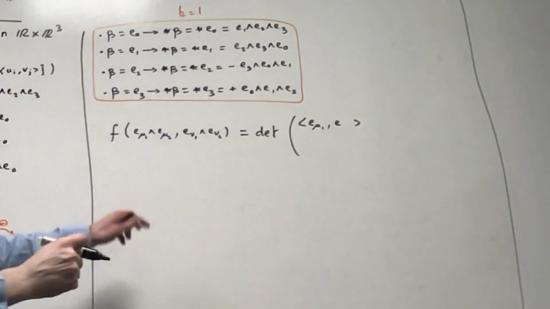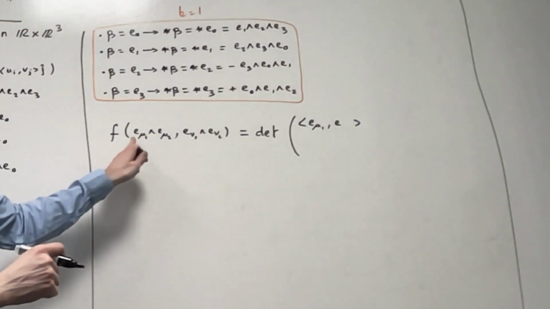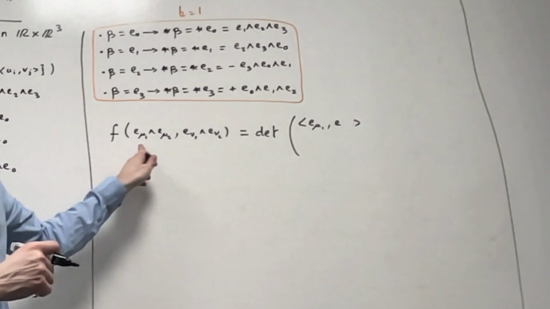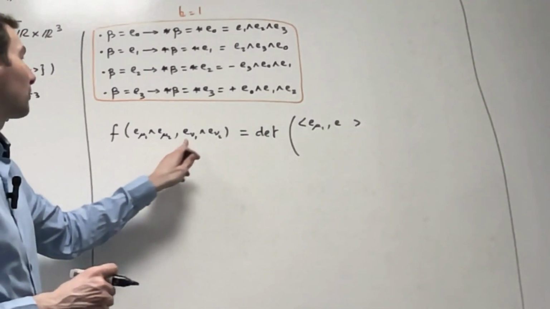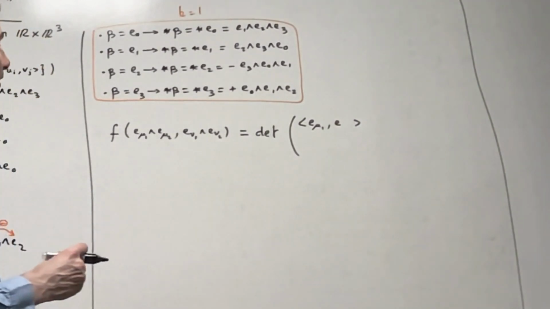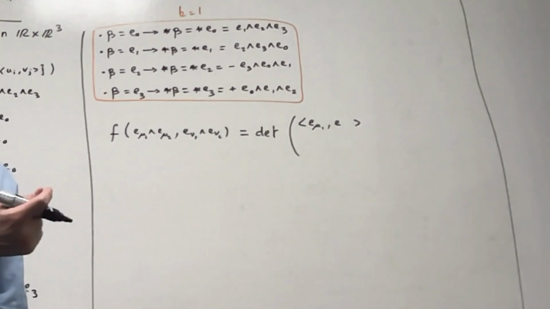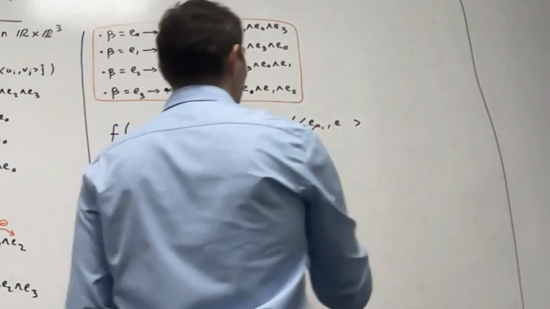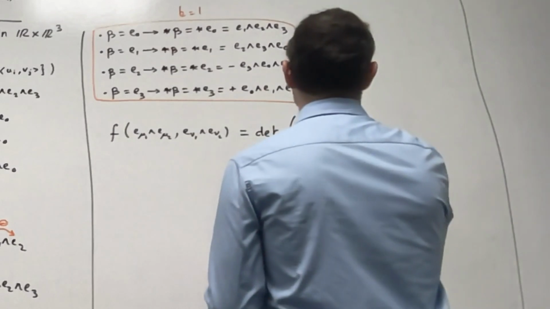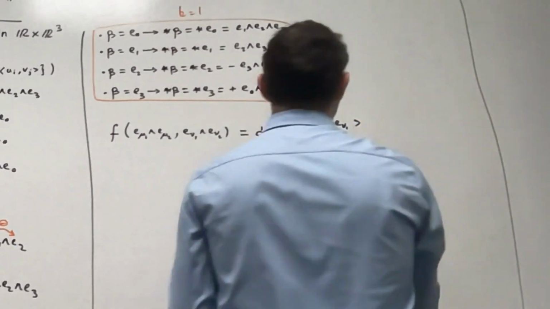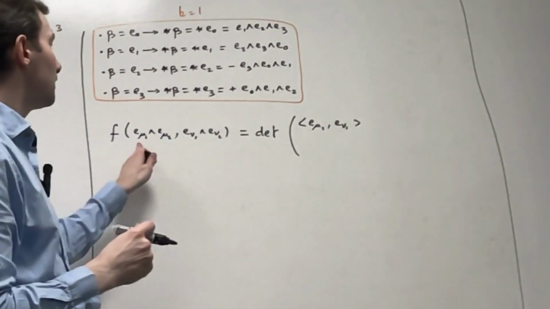Okay, so the mu correspond to the first entry in the slot here, and then here the nu correspond to the second entry. So let's see why I actually denote it this way is because here I've got e mu1, e nu1.